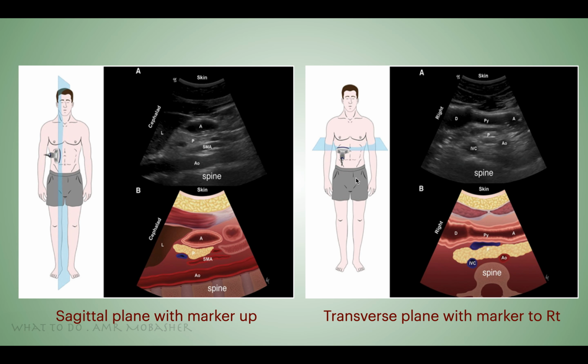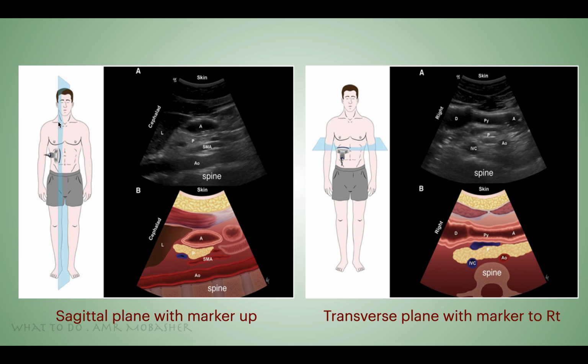This is the orientation. If you are going to use the probe sagittally, like this, we point the marker of the probe towards the patient's head. This marker corresponds to the indicator on the screen. So the indicator on the left side of the screen corresponds to the marker on the probe.